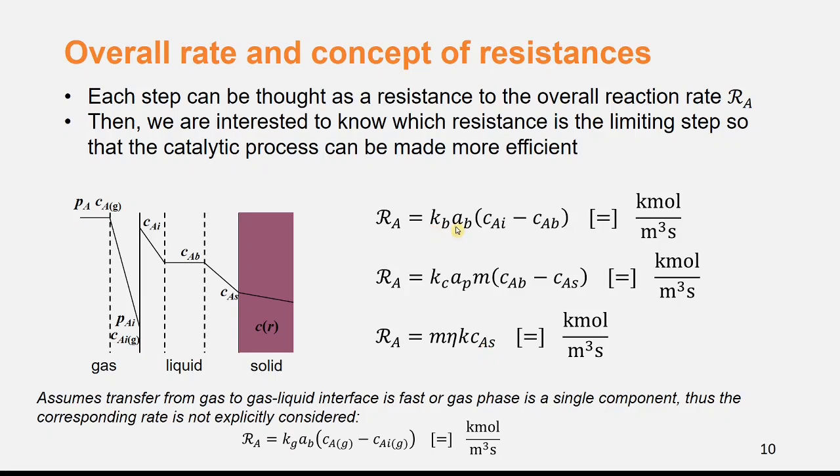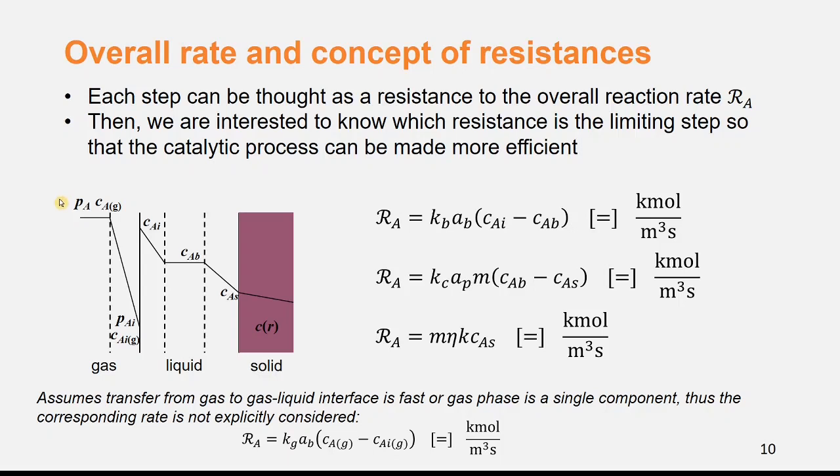Each of these steps can be thought of as a resistance to the overall reaction rate, capital RA. We want to know which is the limiting step, or the slowest step, or the one with the highest resistance, so that we can determine the overall rate, and also so that we can focus on the area where we can improve the process and increase the overall rates.